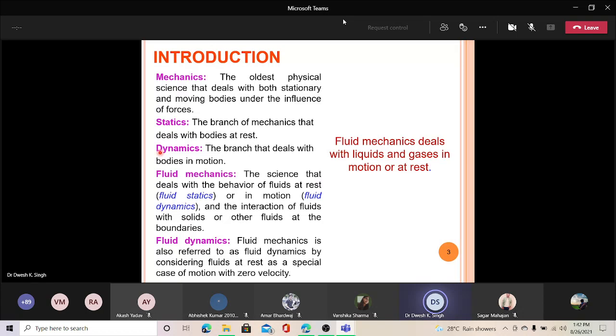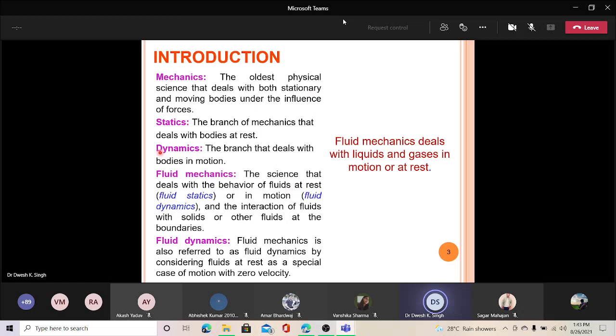So dynamics means the equations which govern the motion of the fluid will cover properties like velocity, acceleration, force, all this. So the science that deals with the behavior of fluids at rest or in motion is fluid mechanics.